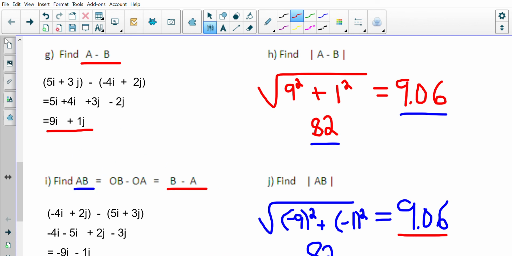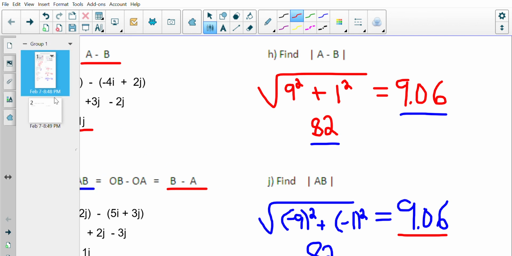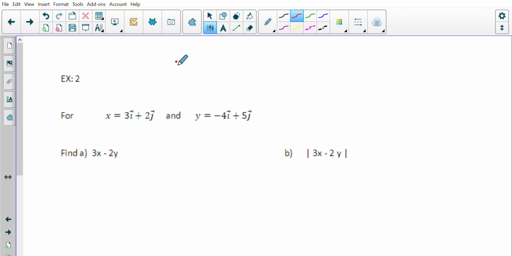All right. Now, the other thing we have here is what's called scalar multiples of vectors. In this case, I have two vectors. The first one is 3i plus 2j, and I have another vector, which is negative 4i plus 5j.